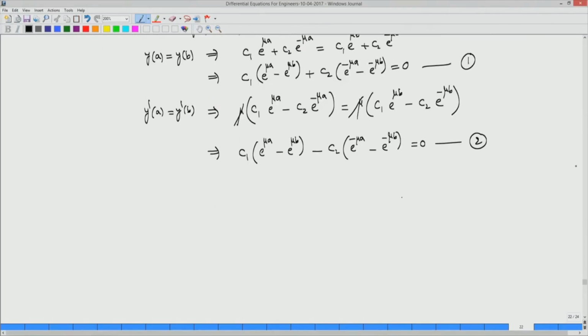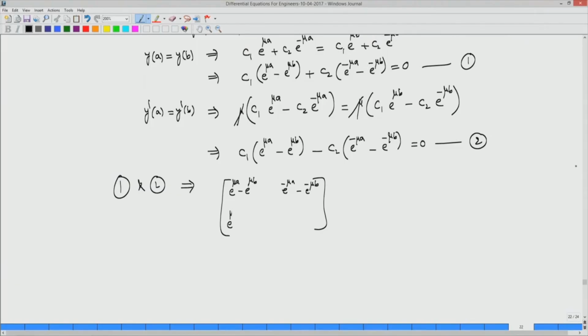If you want to have a non-zero solution, equations 1 and 2 you rewrite as a system. You have a matrix with entries e^(mu a) − e^(mu b) and e^(−mu a) − e^(−mu b).